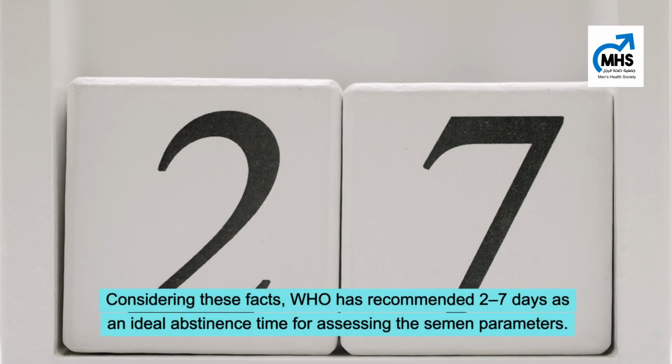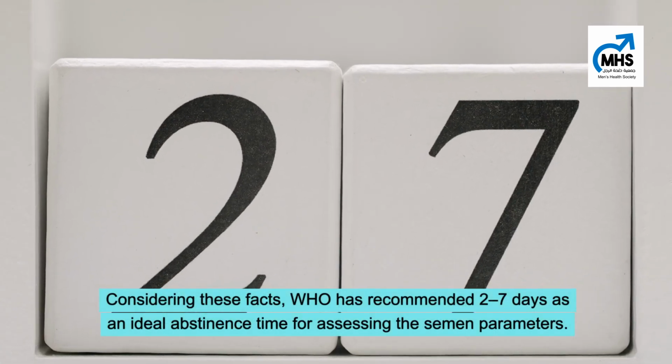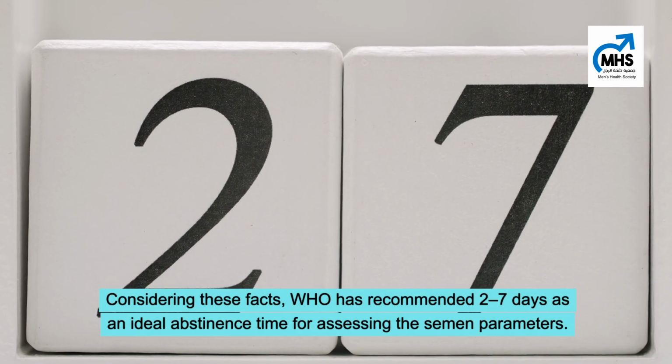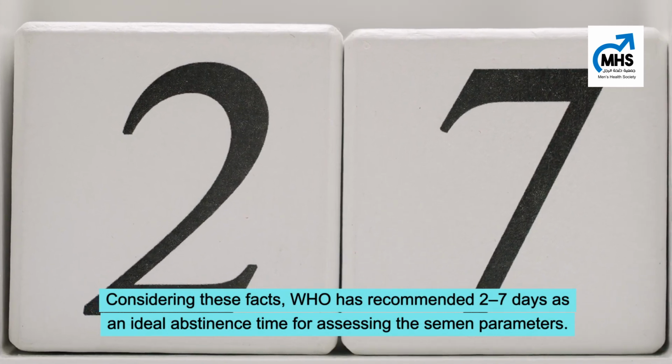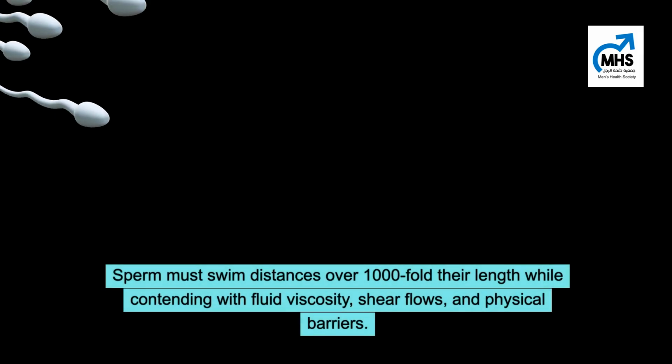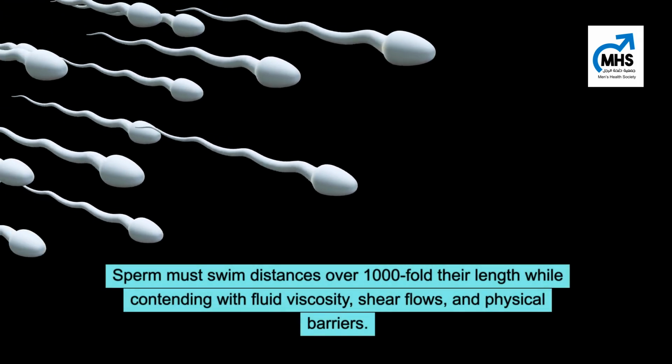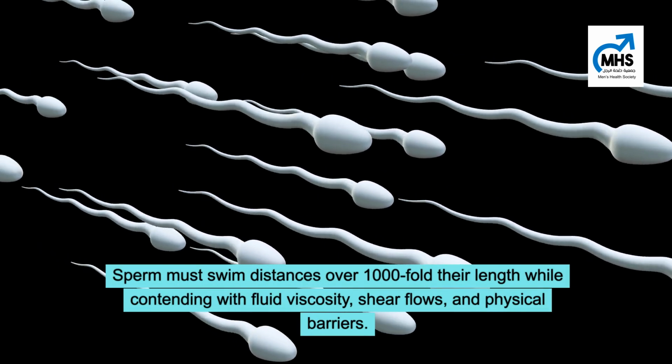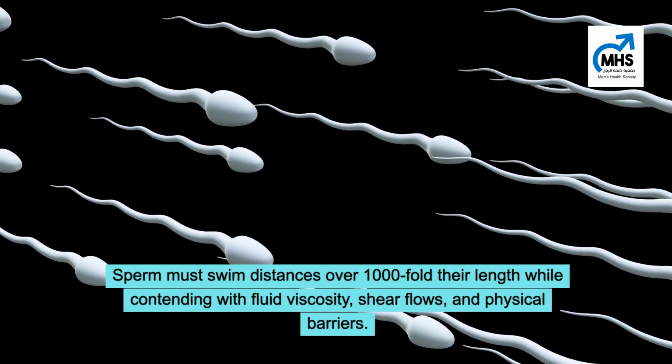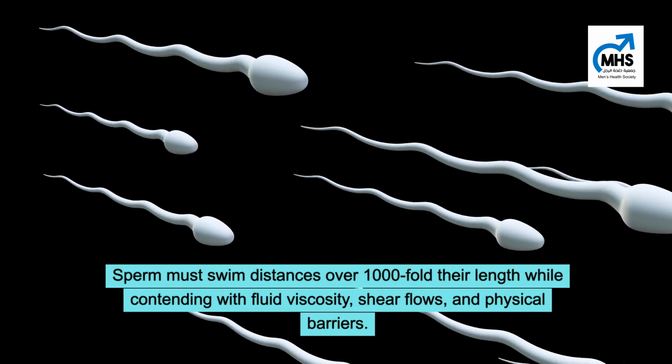Considering these facts, Chu has recommended 2 to 7 days as an ideal abstinence time for assessing the semen parameters. Sperm must swim distances over 1,000-fold their length, while contending with fluid viscosity, shear flows, and physical barriers.